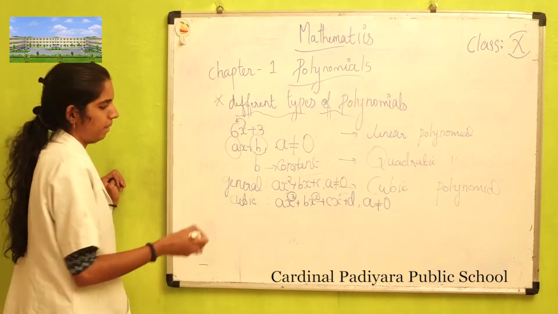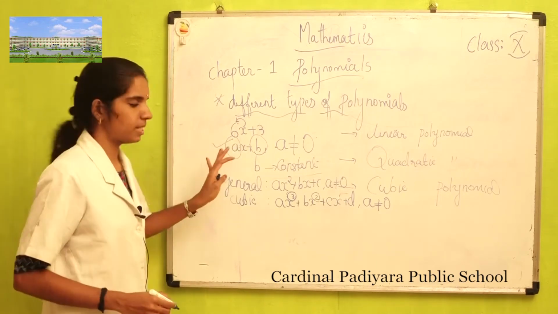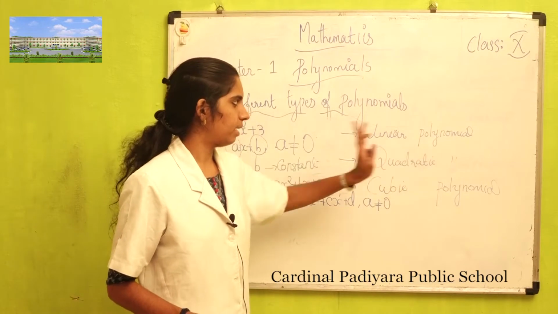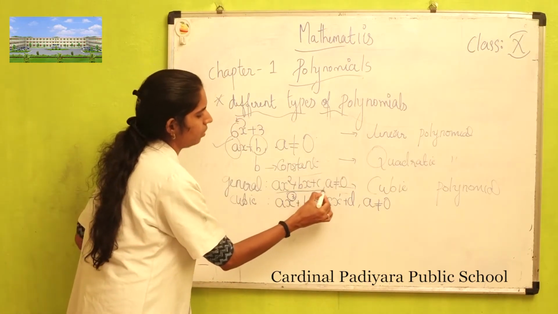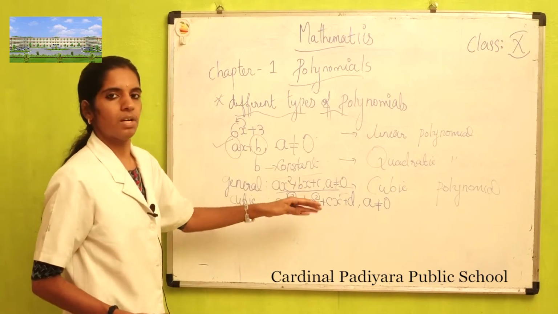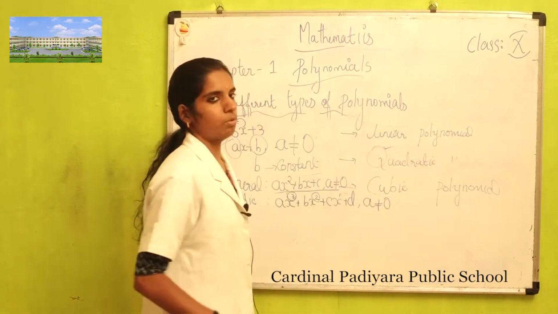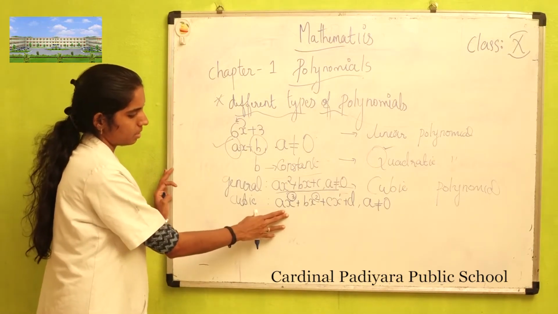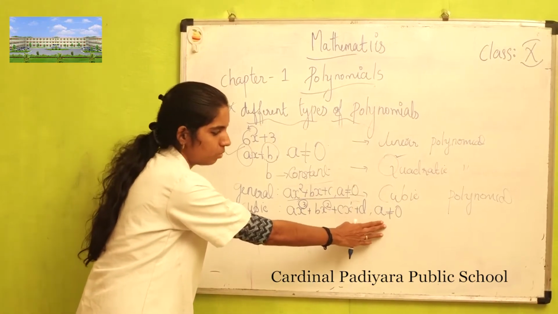So these are the main 3 types of polynomial. The first general form is ax plus b, so it is known as a linear polynomial. The second case, ax square plus bx plus c, where a not equal to 0, is said to be a quadratic polynomial. And the third case, cubic polynomial, is ax cube plus bx square plus cx plus d, where a not equal to 0.